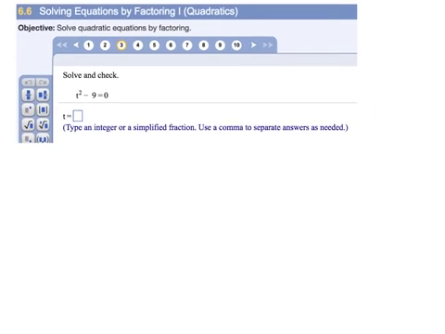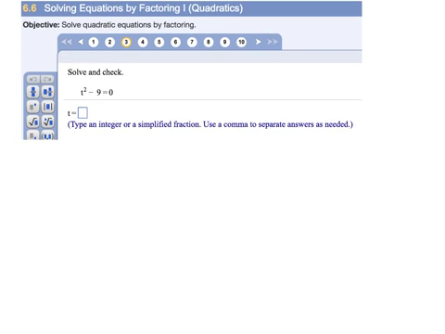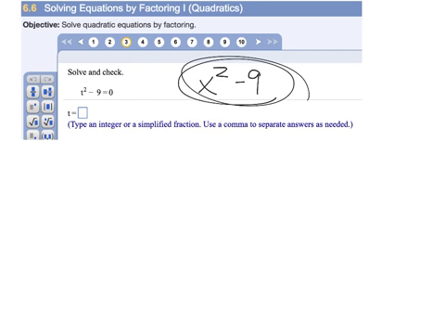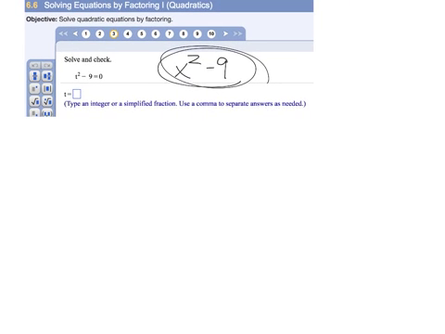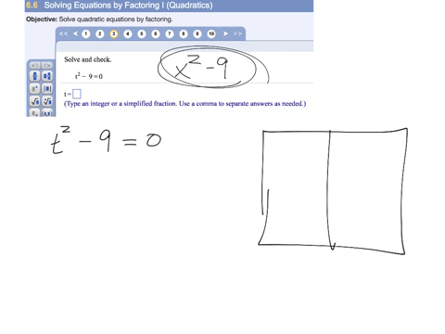So again, we could use Desmos and change this to x squared minus 9 and graph it, and we would get the answer. But let's do it with algebra. So we've got t squared minus 9 is equal to 0. We have no common factors to factor out, so we're going to go straight to the box.